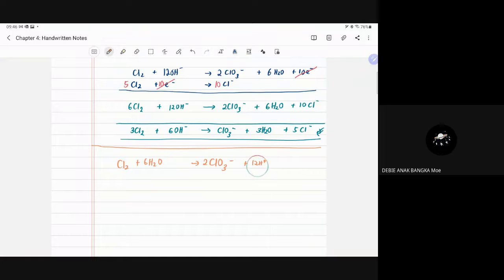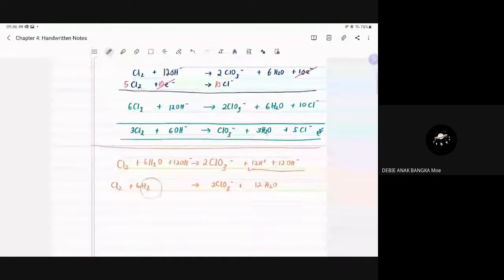And then after that, because there is H plus, we do it in basic condition. So we add 12H, we have to add 12 OH minus, add 12 OH minus. And this becomes 12H2O plus 2ClO3 minus. Okay, so Cl2 plus 6H2O plus 12OH minus.